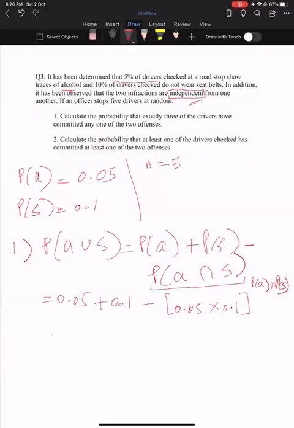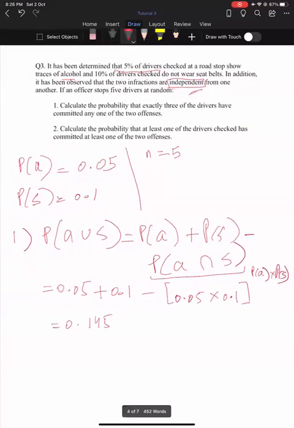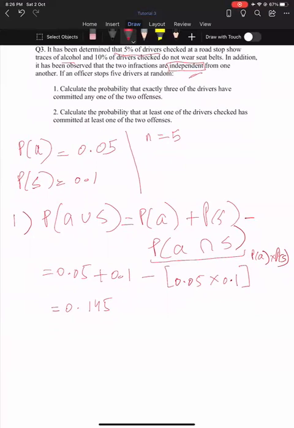So we get the probability 0.145. Okay? Now we'll use this and find the probability that exactly 3 of the 5 drivers have committed any of the offenses. So we have 5C3, and this is the probability that they have committed either of the two, 0.145 cubed, and then 1 minus 0.145 squared.